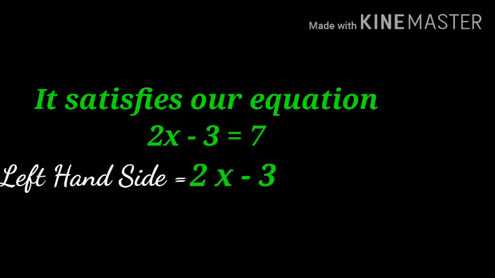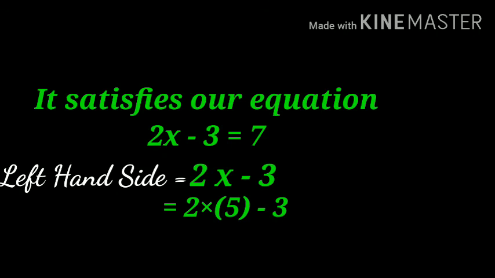Now let's put this 5 in place of x. If we put 5 for x, what do we have left? 2 multiplied by 5 minus 3.